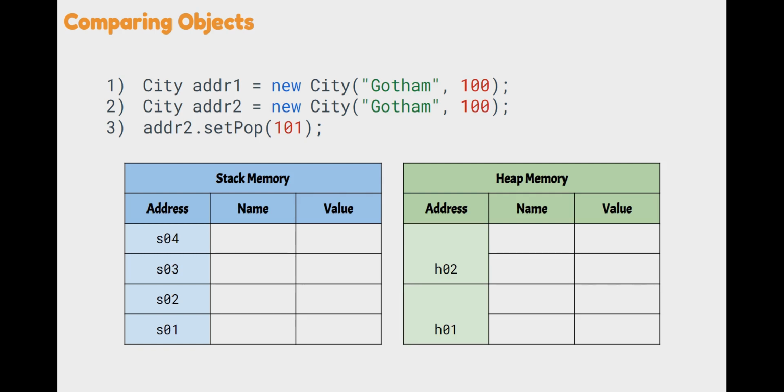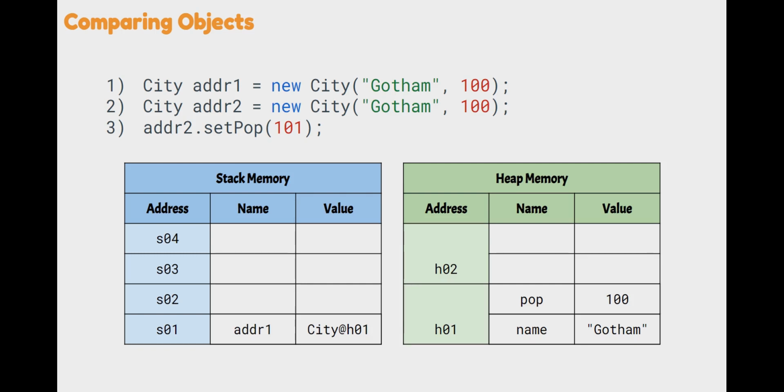Now the keyword new will reserve space in heap memory for the instance variables of this object. The object has two instance variables. The first one is name, and that will be set to Gotham, and the second one is pop, which would be set to 100. In stack memory, we will have address1, and that will hold a reference to where we find that city in heap memory. So it's telling us that we have a city at heap 01.